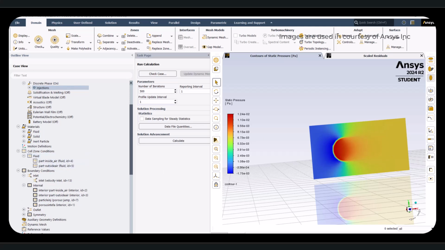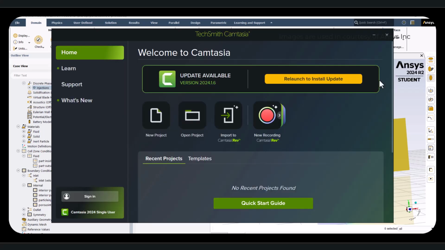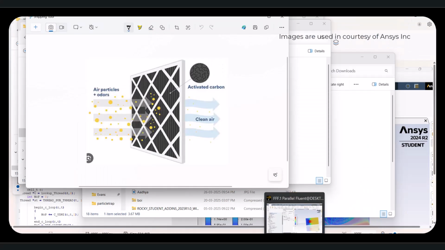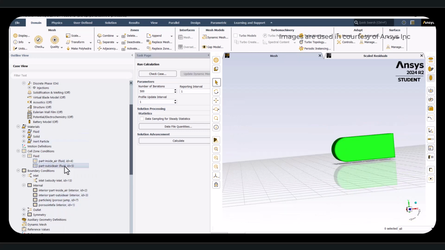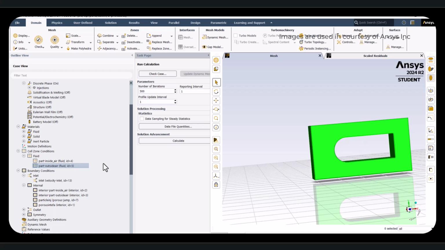So what I am defining is, inside air is this domain. I will just highlight it for you. This is the inside air and this is the outside air. So the inside air ID is 4, right?